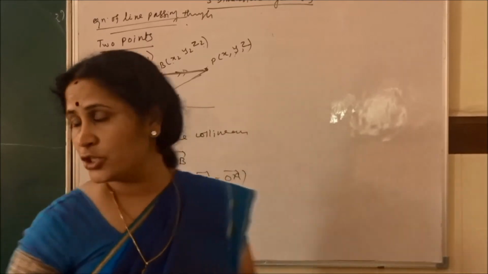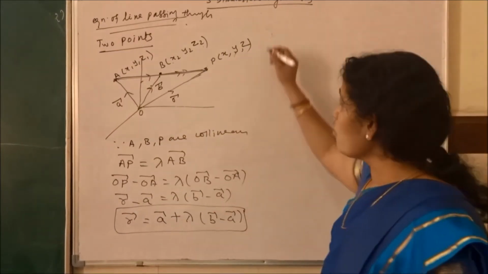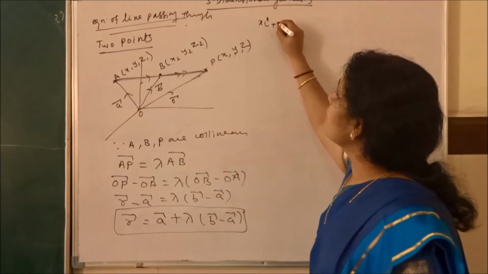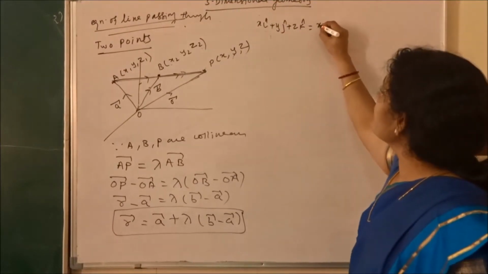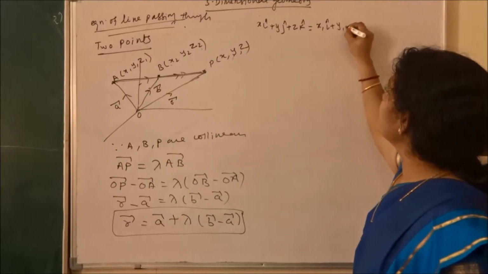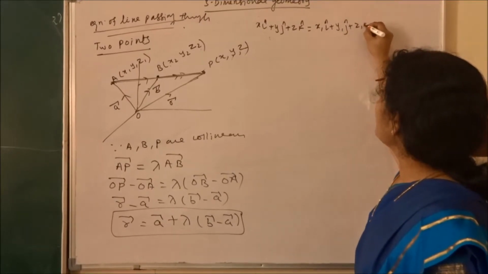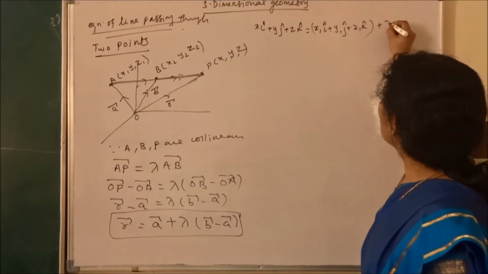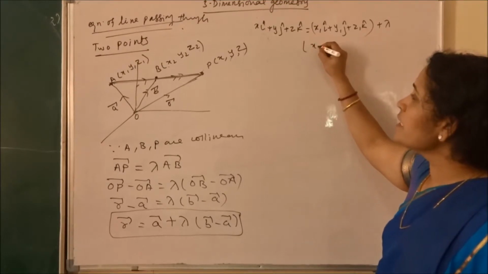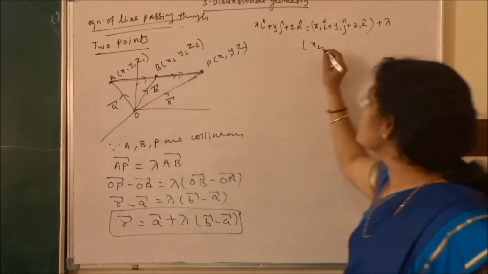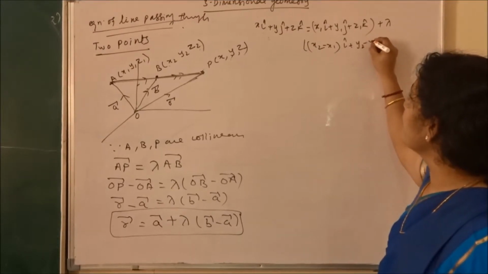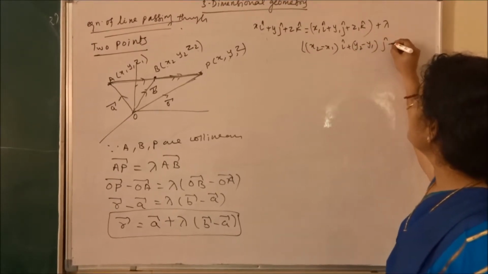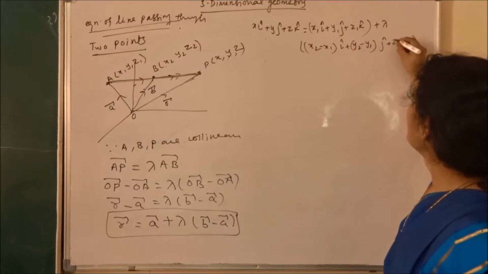Now what is the Cartesian form? Converting into coordinates, xi plus yj plus zk is equal to, what is the a vector? That is x1 i plus y1 j plus z1 k, plus lambda into, what is b minus a? It is (x2 minus x1) into i cap plus (y2 minus y1) into j plus (z2 minus z1) into k.